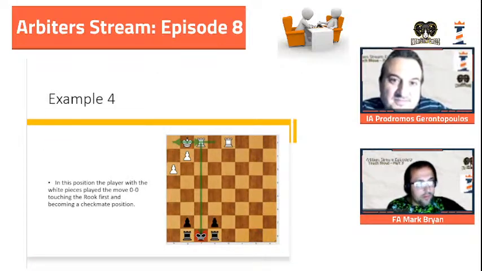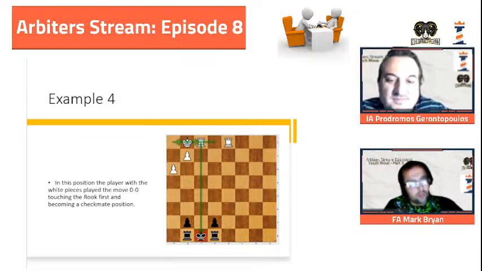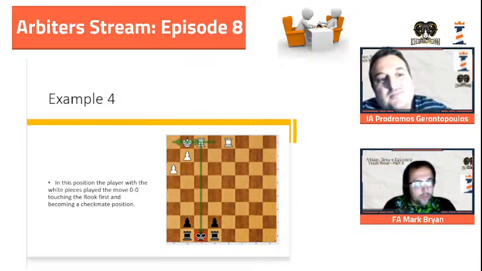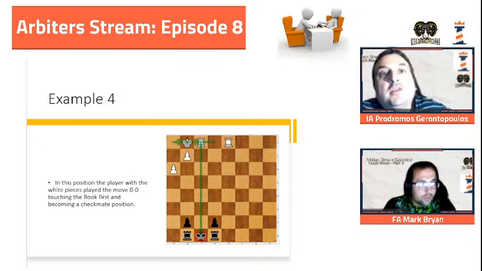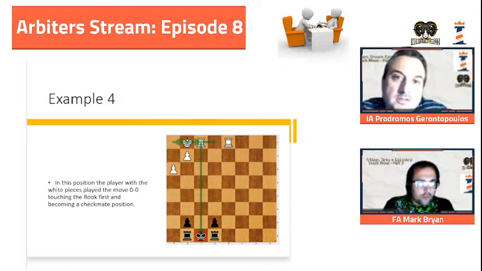Going with the 50 move rule: after completing 50 moves without moving a pawn or capturing any piece, then it's a draw. But if I checkmate on the 50th move, it's checkmate.